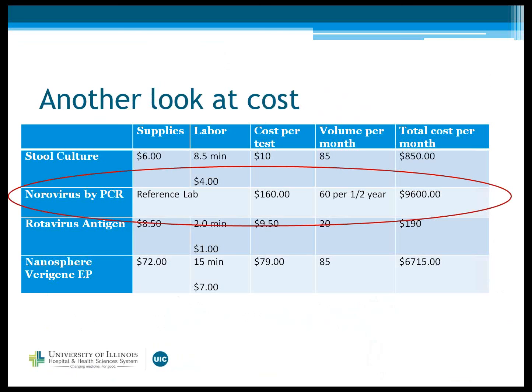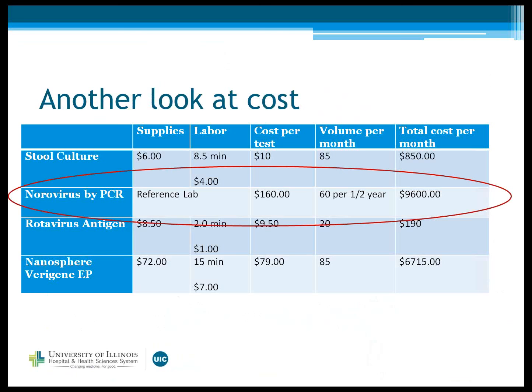What are you gaining? So the reimbursement argument, the reimbursement case in our system isn't always the most convincing strategy for us with administration. The reimbursement models vary by patient population and location, et cetera, and so they really want us to look at costs. And so knowing that we're saving not only sending this to a reference lab, but we no longer have to run the rotavirus antigen test, meaning we no longer have to do the QC and the maintenance and the training.